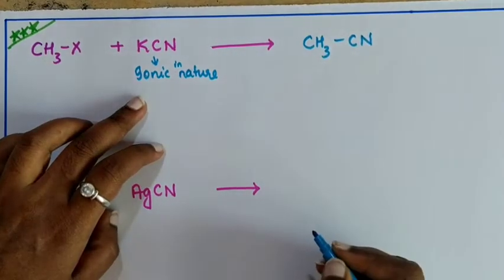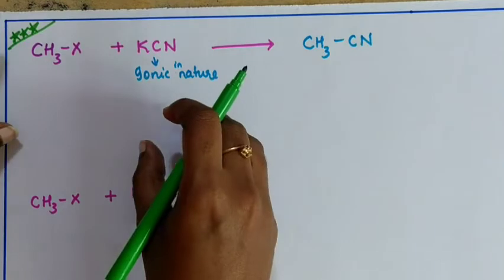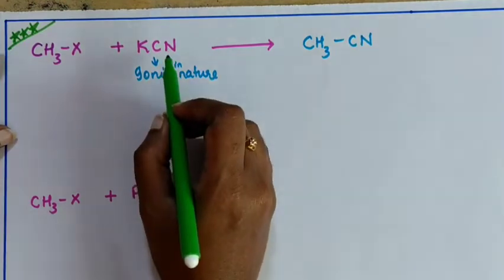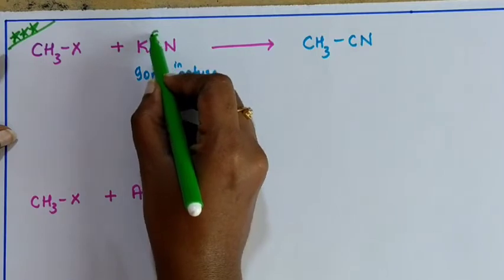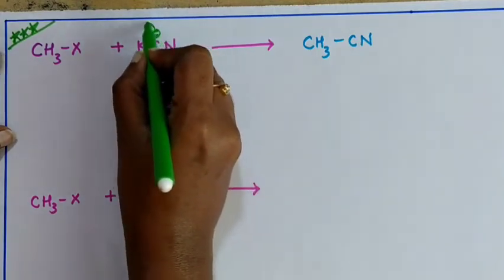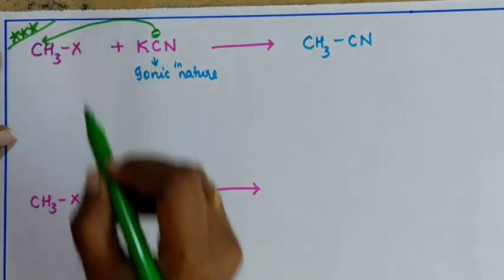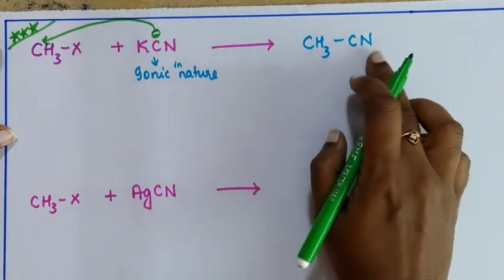Ionic in the sense that in solution form, cyanide is going to be formed, correct? So the carbon is going to get the negative charge. Since this carbon gets the negative charge, it will make a bond with the carbon atom of the alkyl halide. So it will form CH3CN.